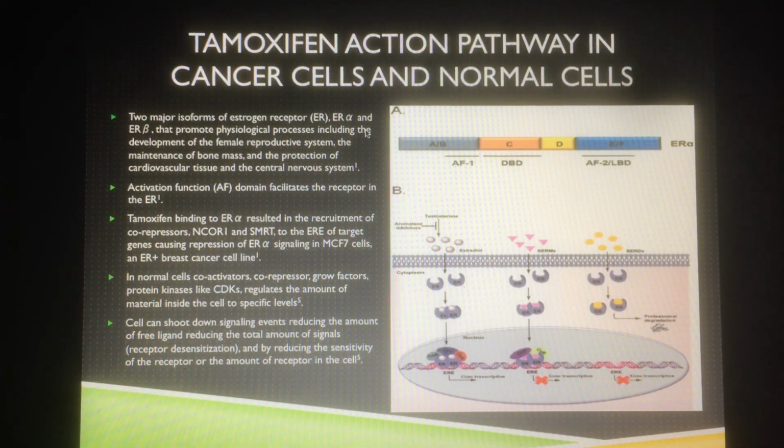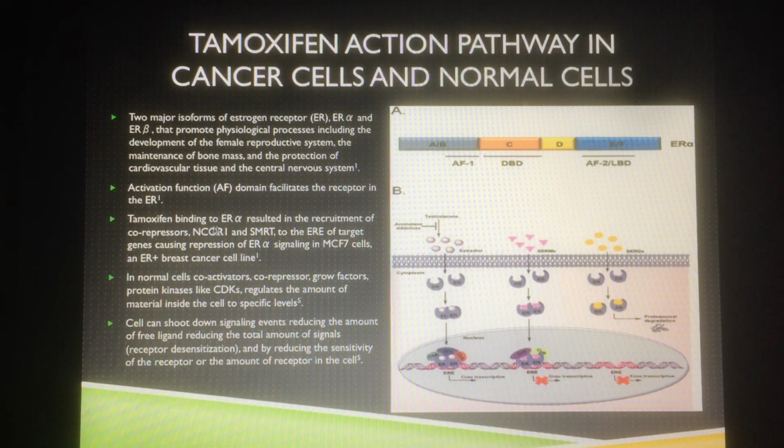This protein has different domains called activation domains. For example, in the ERA part of the estrogen receptor protein, we have AF1, and we have AF2, which is the ligand binding. We have the DNA binding in C, and in D we have the promoter binding.